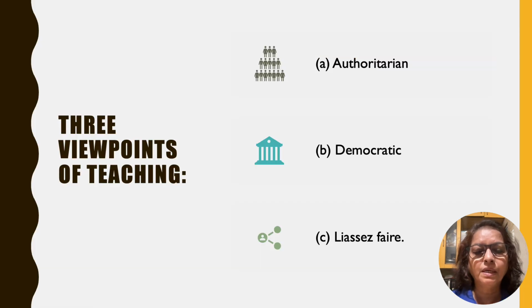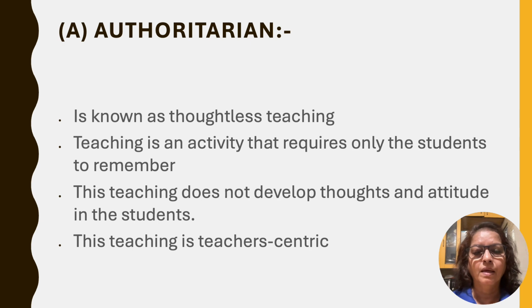Now, there are 3 levels or viewpoints of teaching. The first one is the authoritarian level. The second is the democratic level. The third is the laissez-faire level. In the authoritarian level, as the word itself says, this level of teaching is called thoughtless teaching.